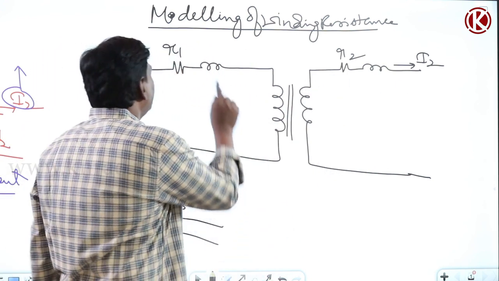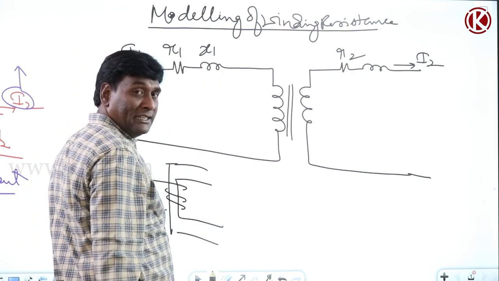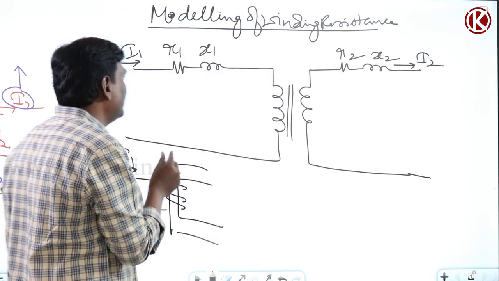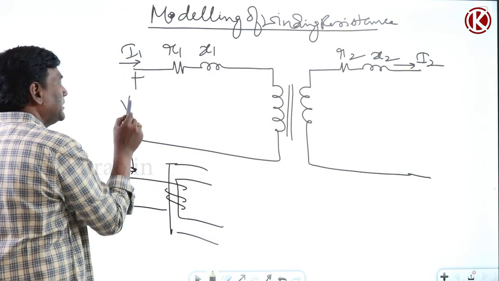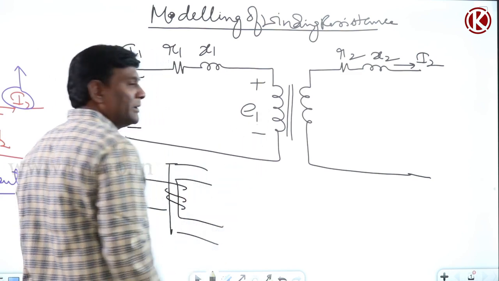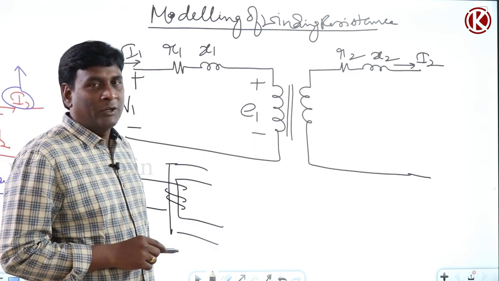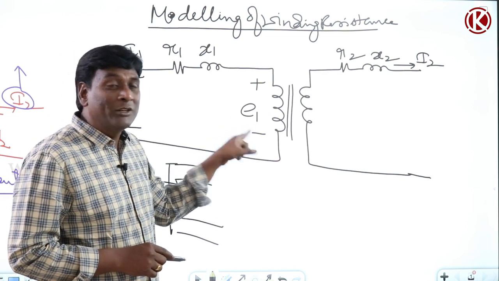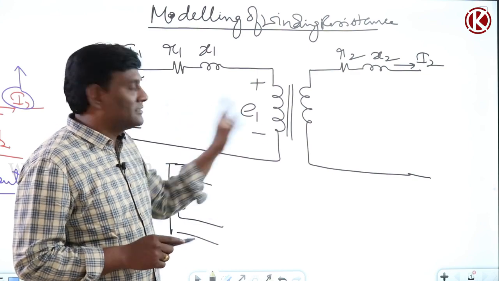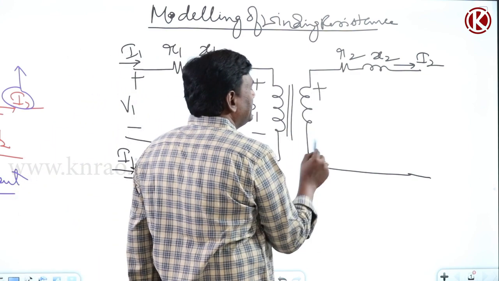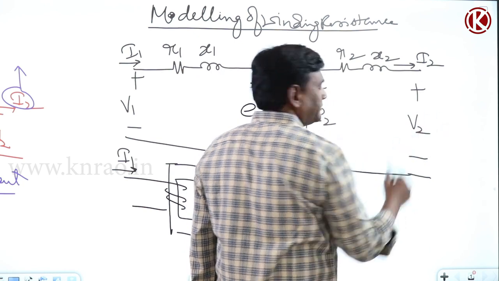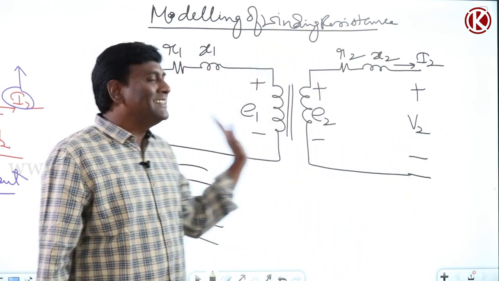Now this is going to be X1, leakage of the primary, and this is going to be X2, leakage of the secondary. Now this is V1, primary injected voltage, and this is E1, primary induced voltage, we say. Ideally this is E1M, this is E1L, but we changed the terminology such that it became E1, and this became E2, and this became V2. So these are the series branch parameters.